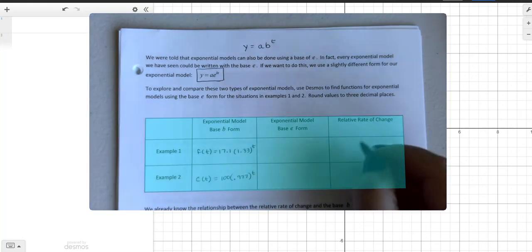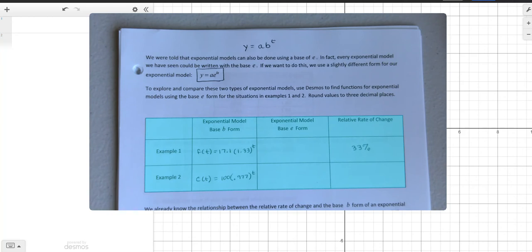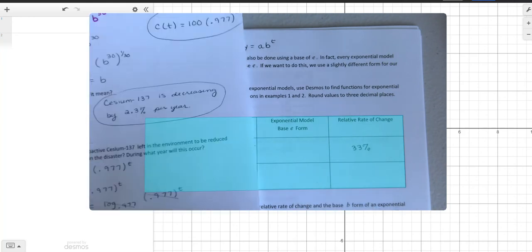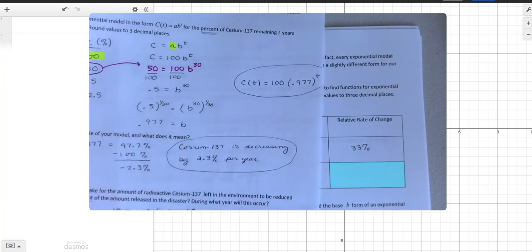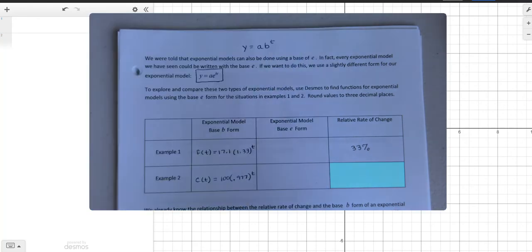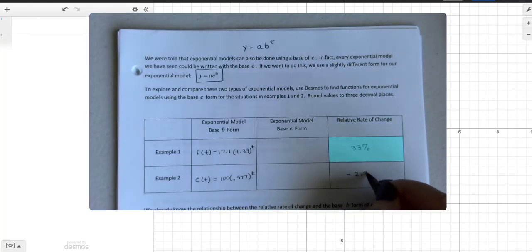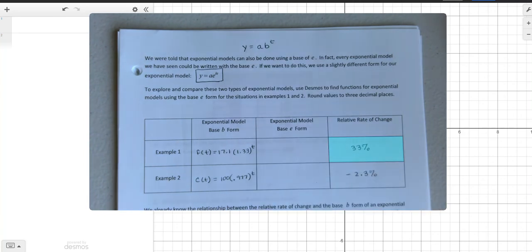The relative rate of change here, they gave us, was 33%. And the relative rate of change here we calculated was technically negative 2.3%. So that's just a summary of what we already did in examples 1 and 2.